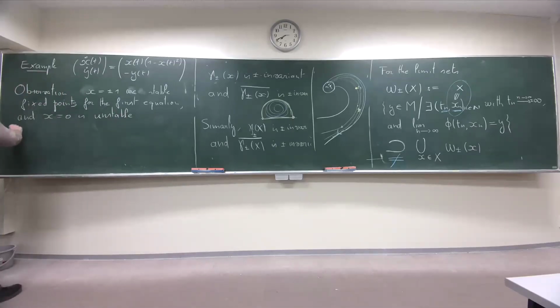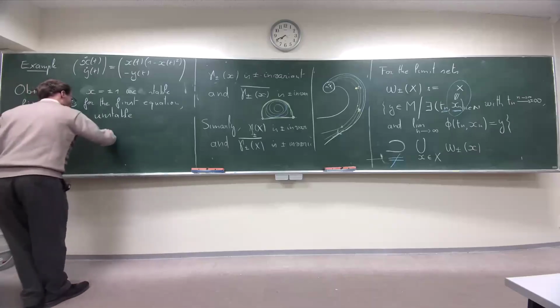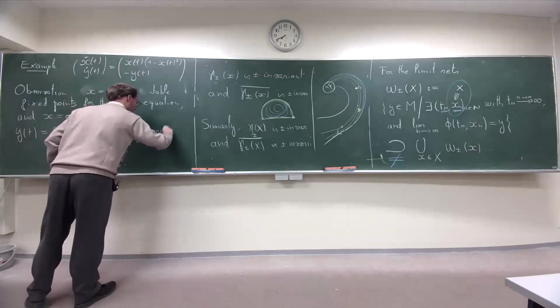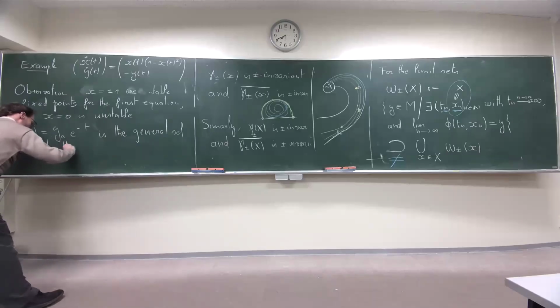And for the second one, the general solution is Y0 times e to the minus T.